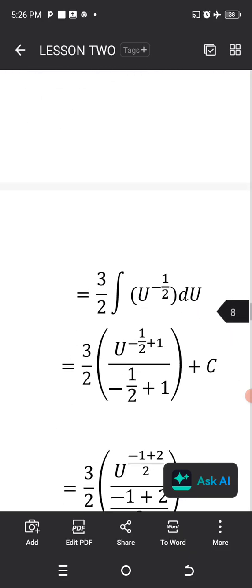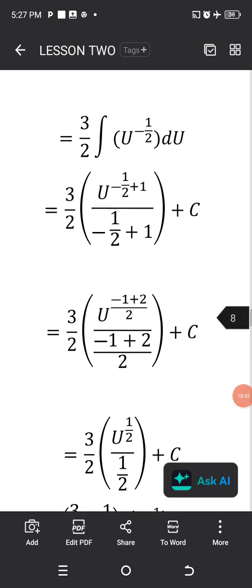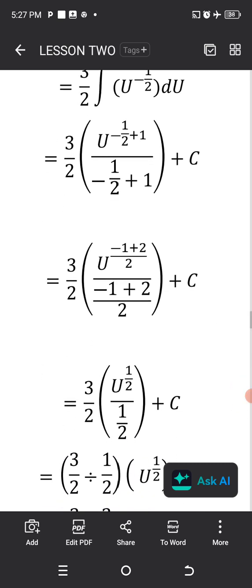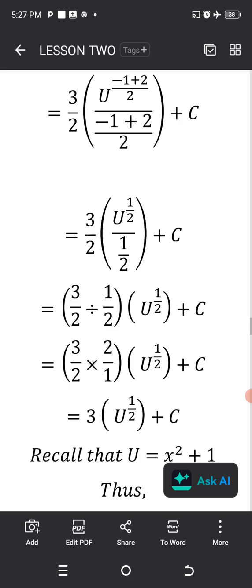We simplify the integral, which is equal to 3 all over 2 into parentheses u raised to power minus half plus 1 all over minus half plus 1 plus the constant c. Which eventually results to 3 all over 2 into parentheses u raised to power half all over half plus c.